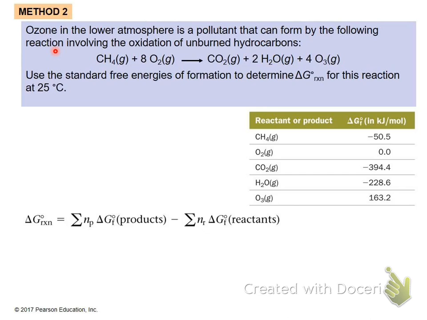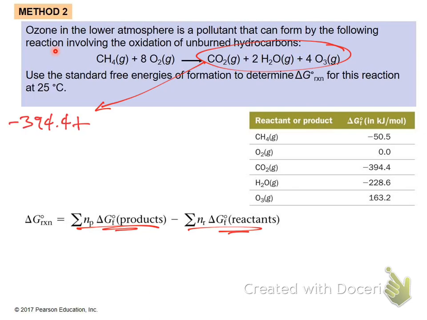So we're just summing up all the delta G of formation of the products and of the reactants and taking the difference. So for the products, so let's take care of this first. So we have 1 mole of carbon dioxide, which is negative 394.4, plus 2 moles of water, which is negative 228.6, plus ozone, which is 4 times 163.2.